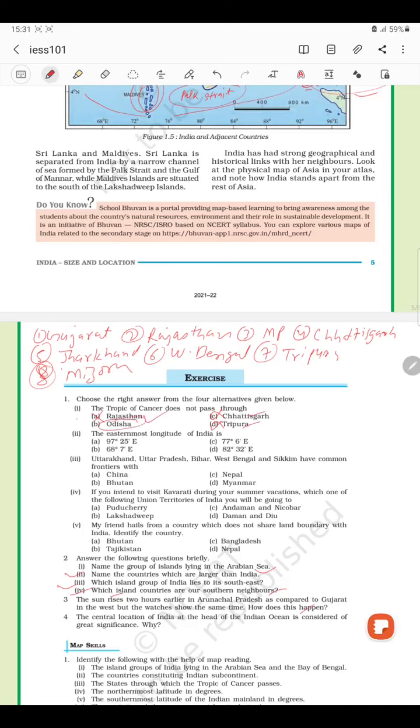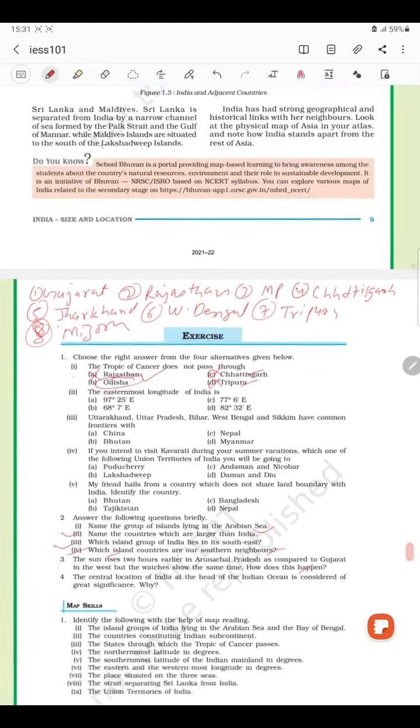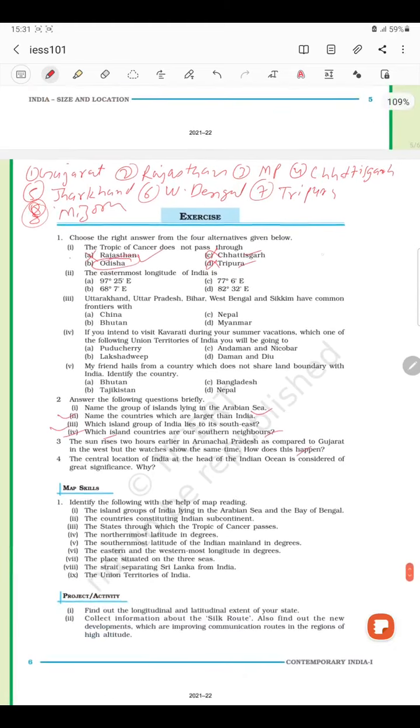Odisha. Here it is asking what is the easternmost longitude of India. I already explained this also. Suppose this one is India. Which one is the easternmost? This one is the easternmost.